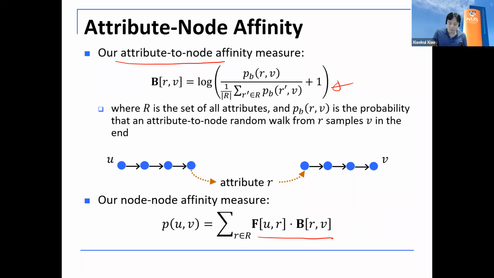So to compute the affinity from one node to another, we just take the affinity from the starting node to some attribute and then multiply with the affinity from that attribute to the target node. And we take the sum over all the possible attributes that connect these two nodes. So that would be our node-to-node affinity.